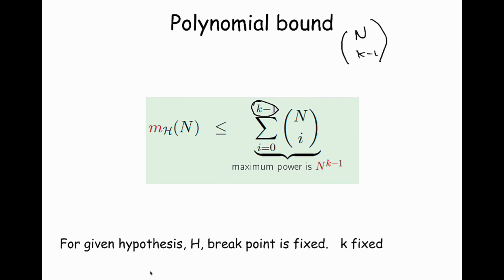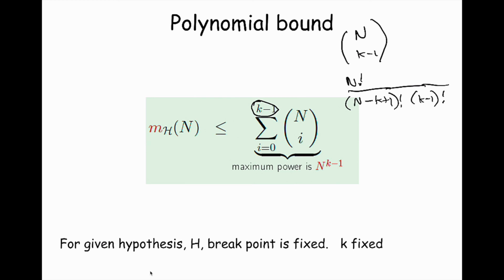Well, what does n choose k minus 1 look like? It looks like n factorial over n minus quantity k minus 1, which is n minus k plus 1, quantity factorial, over k minus 1 factorial. And so what dominates this expression is the relationship between n factorial and n minus k plus 1 factorial.